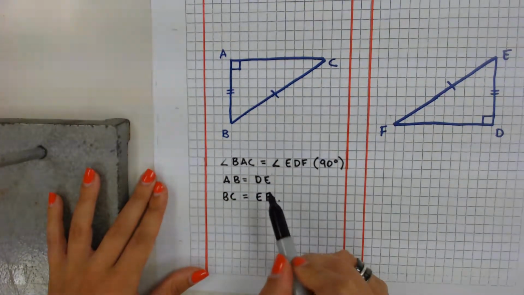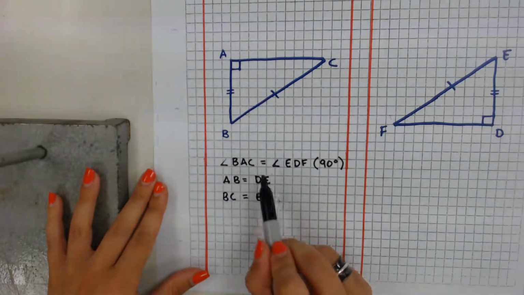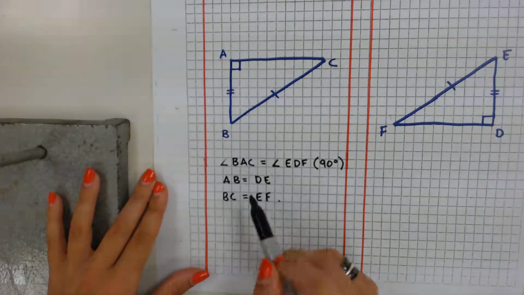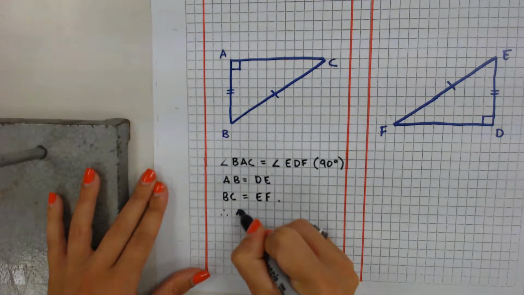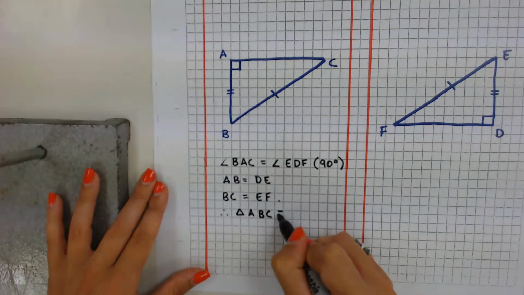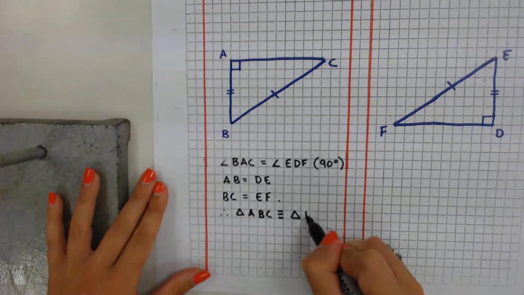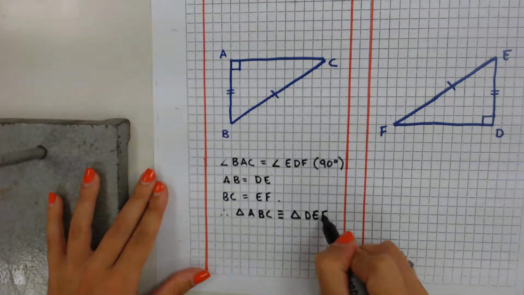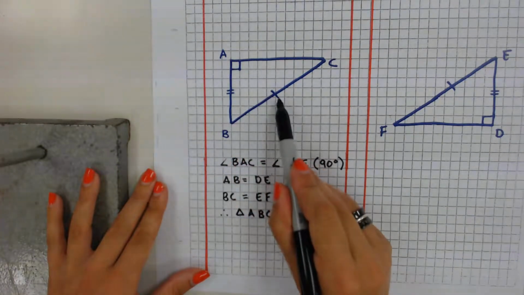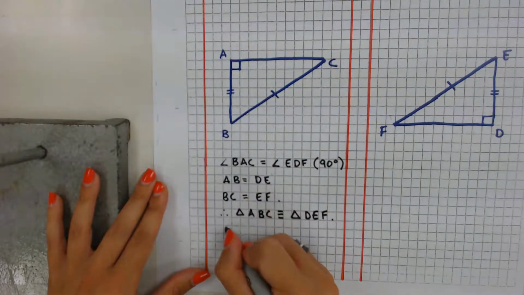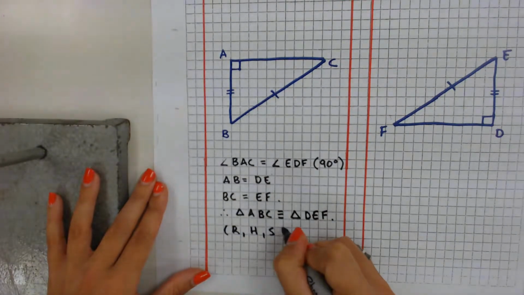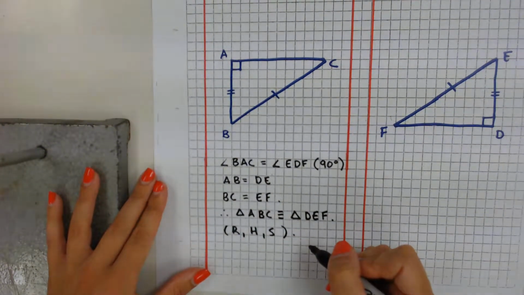So here we've identified that we have an angle, a side, and a hypotenuse that are all equal, proving that triangle ABC is congruent to triangle DEF. And if we think about which test we've used, well, we've got a right angle, a hypotenuse, and a side. So therefore, we have used the right angle, hypotenuse, side test to prove that these two triangles are congruent.